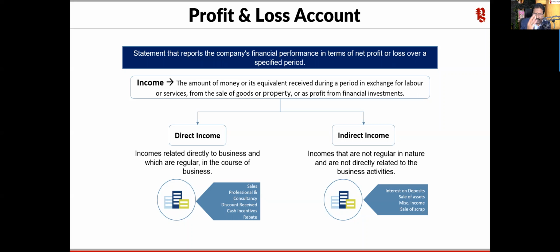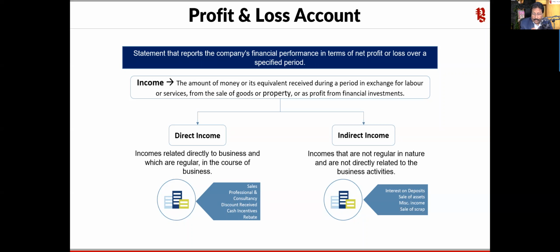That is an income of the business, but it is indirect income, because my business is not to sell old newspapers and magazines to the raddiwala. That is how you can apply this criteria and differentiate between income which is direct in nature and indirect in nature.